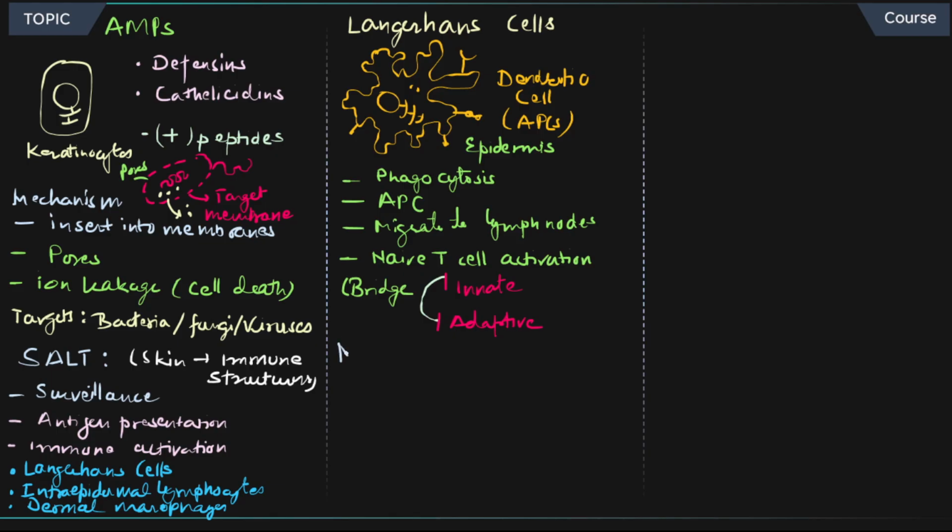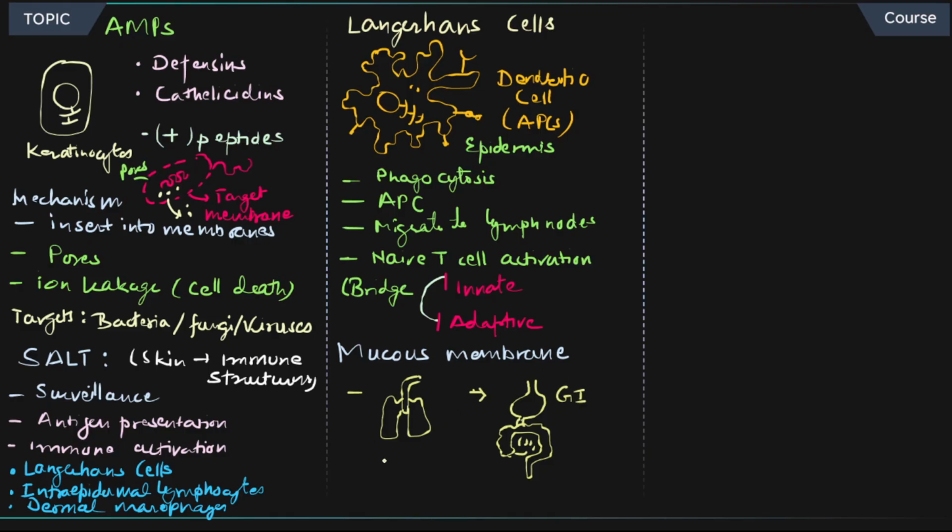All right, now let's move on to the next one, which is mucous membranes. Mucous membrane is present in various parts of our body. It's present in the lungs. Let me draw the lungs. I hope my drawing is not that perfect, but you can see this is the lung, which is part of the respiratory system. Then you have the GI, gastrointestinal tract, which is the intestine, and I'm trying to create that GI tract over here.